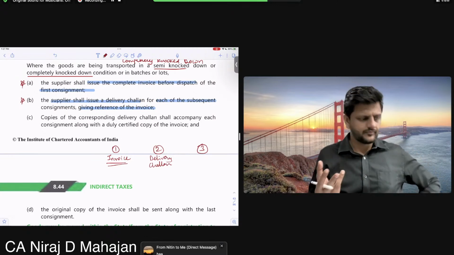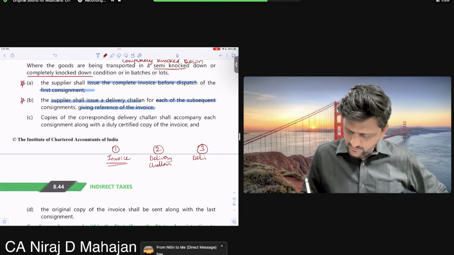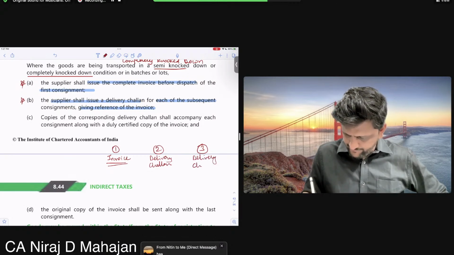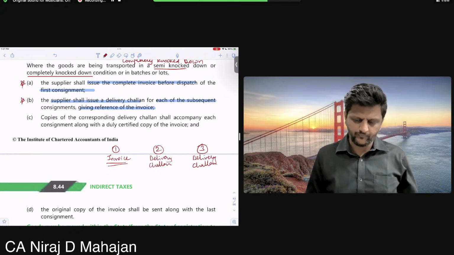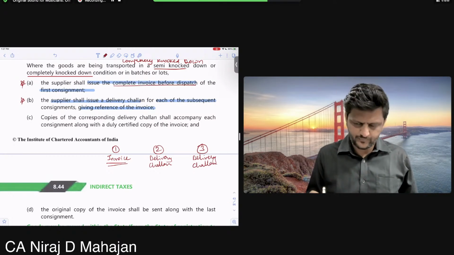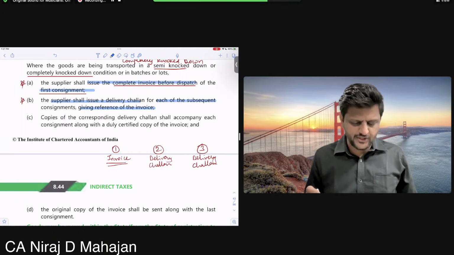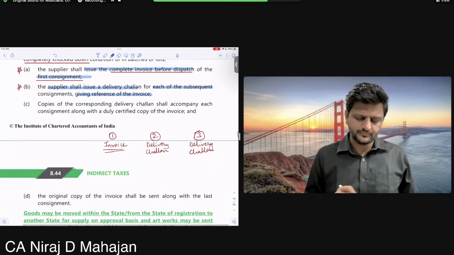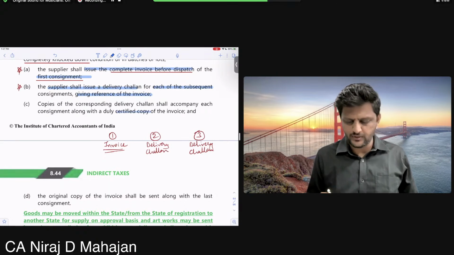And third also, delivery challan, giving reference of the original invoice. Copies of corresponding delivery challan shall accompany each consignment, duly with the duly certified copy of the invoice, photocopy.